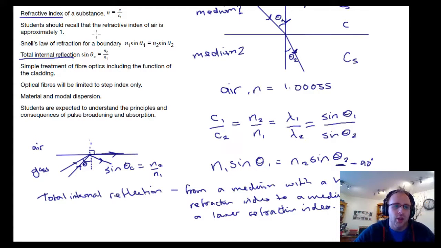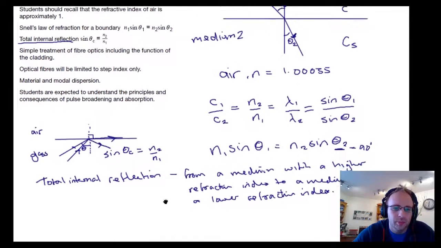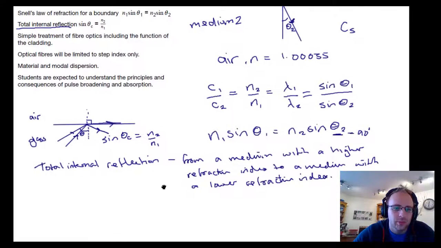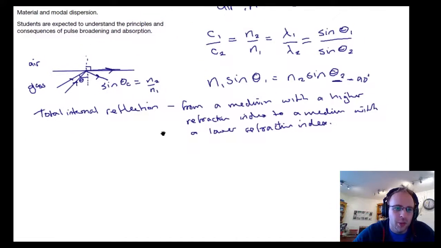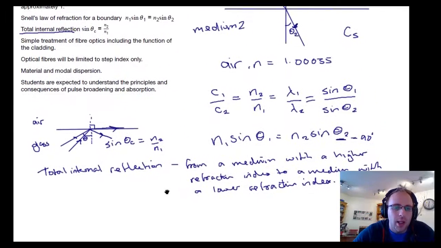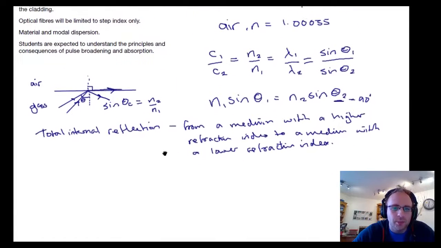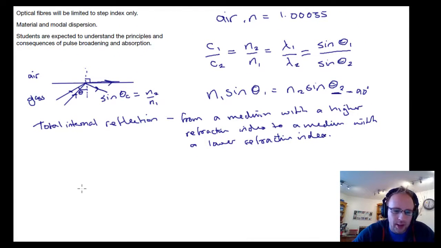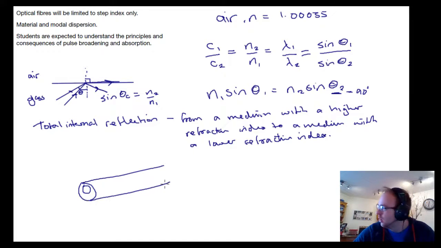So a use of total internal reflection is an optical fiber. An optical fiber is a glass fiber, or a plastic fiber you could have.